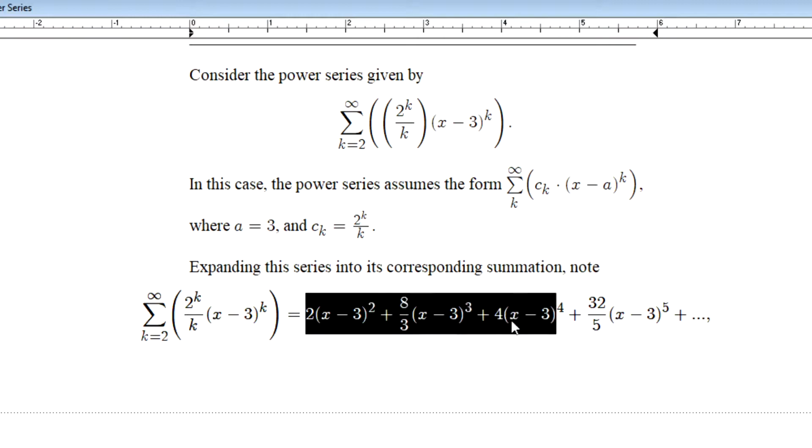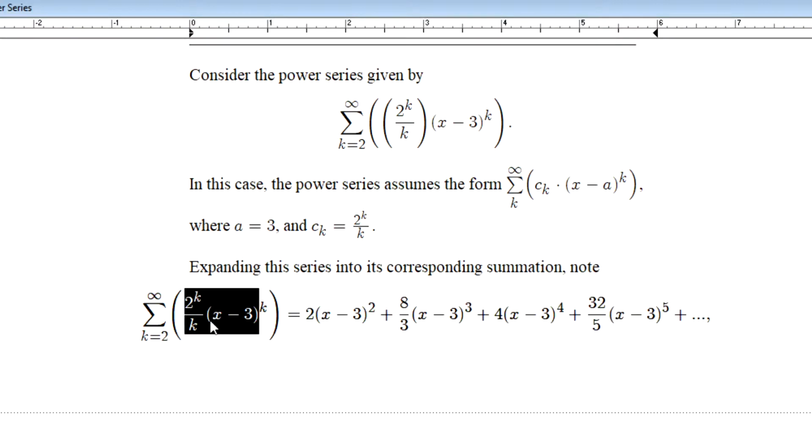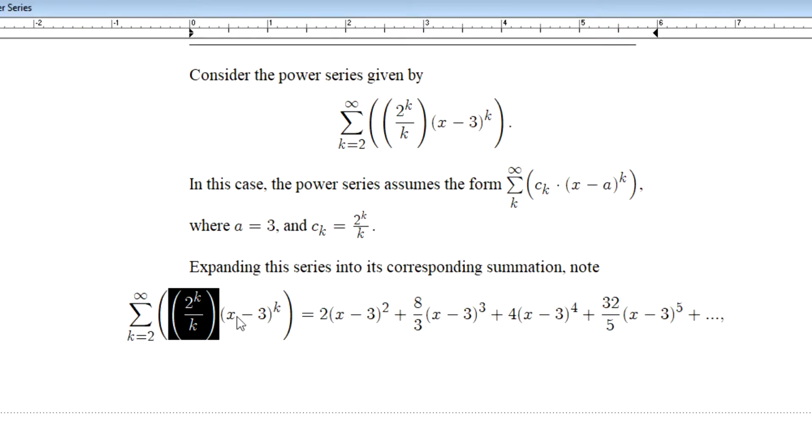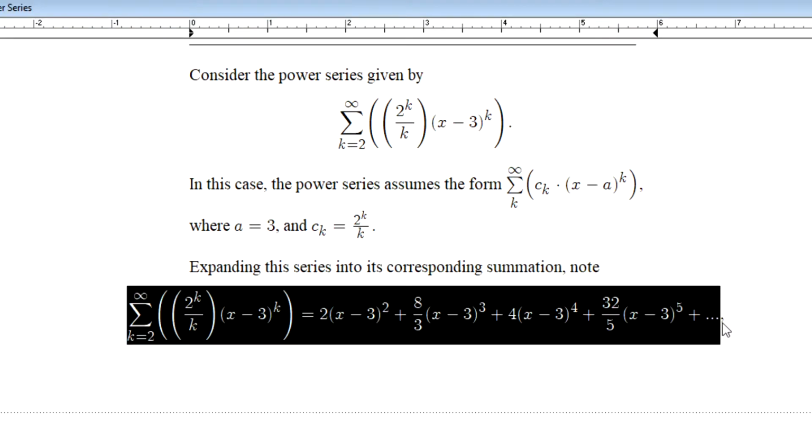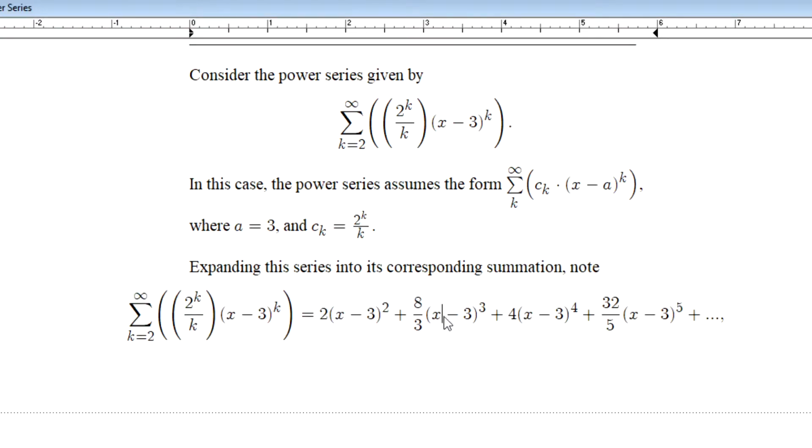What we end up obtaining with the expansion of this power series is going to be a polynomial function. It's going to actually be what we think of as an infinitely long polynomial function, where the variable in that polynomial function is going to be the value of x. As we had noted in these series, x plays the role of a variable in that series. It's a variable that sticks around and is part of the summation.